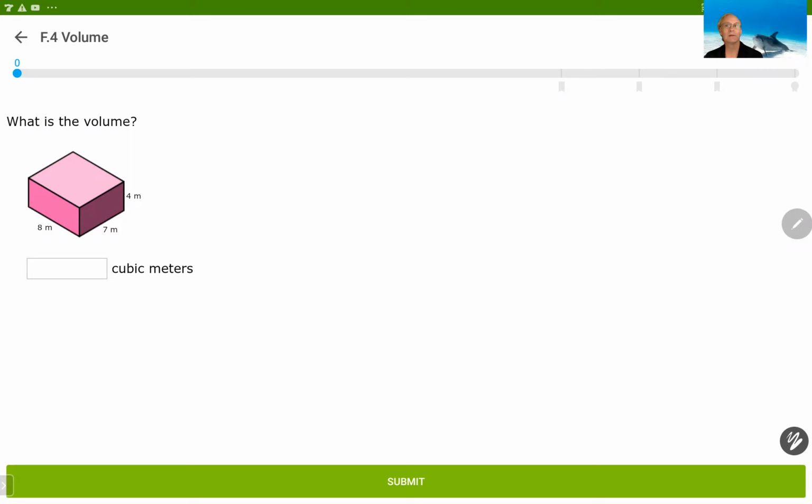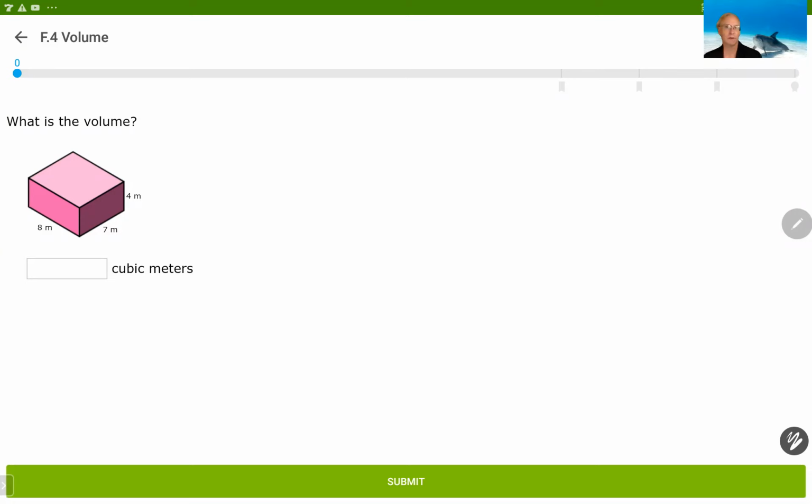We're going to be looking at the Algebra 1 section of IXL, but this is in the geometry part, which is F. We're going to be doing volume. The volume is literally how many 1 meter cubic boxes can fit inside this.